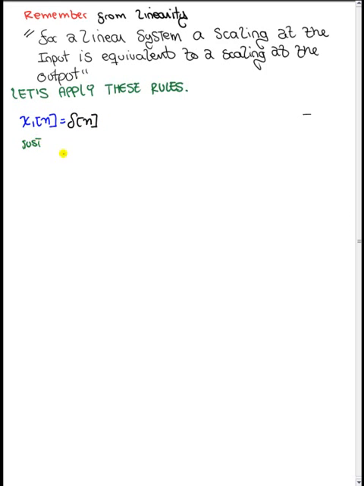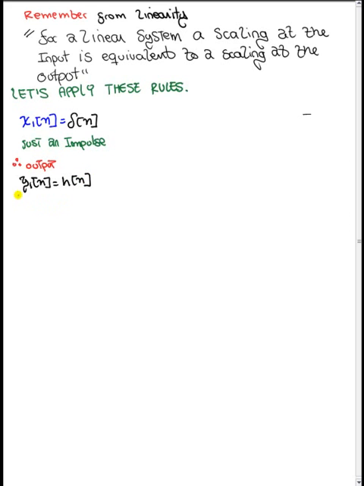This one is just an easy case. And therefore the output y1 of n is just going to be the impulse response, right?